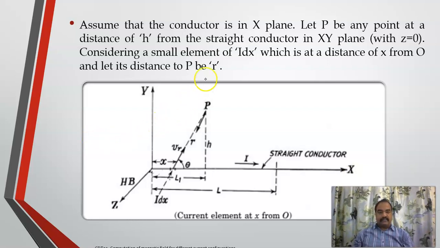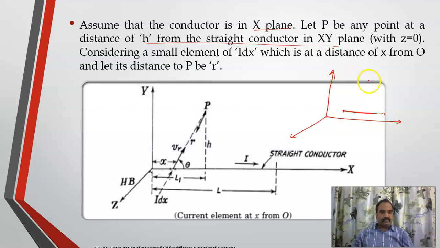I'll assume that the conductor is along the x axis. It is my own assumption. Let P be any point at a distance of h from the straight conductor in the xy plane; I'll consider z equal to 0. So I take the x, y and z axes, and this is my conductor in the x direction.